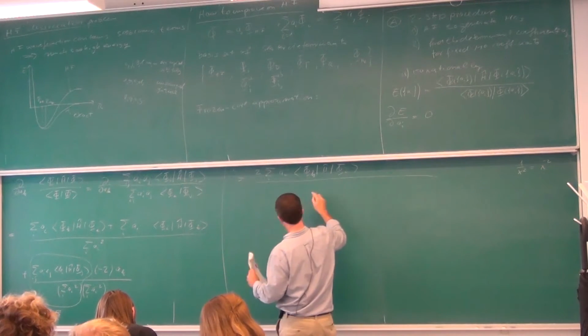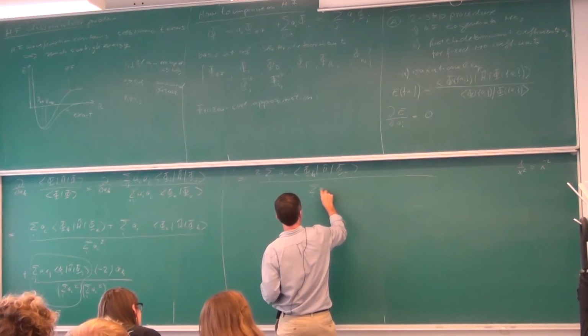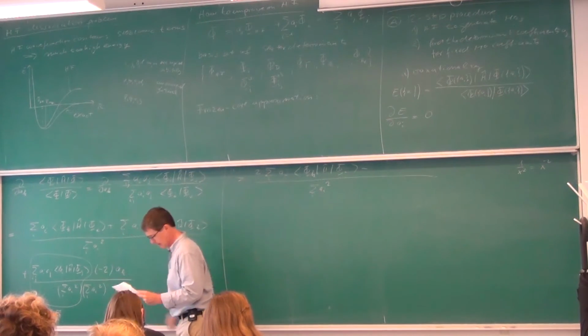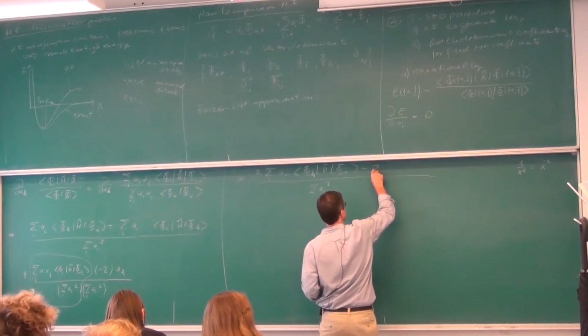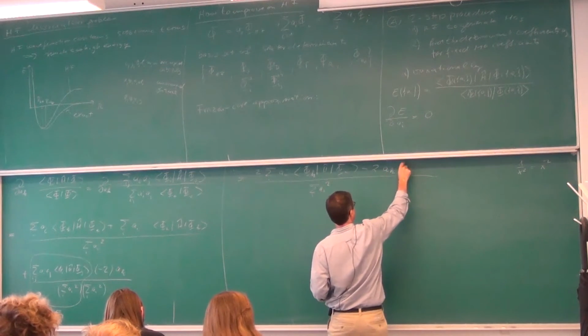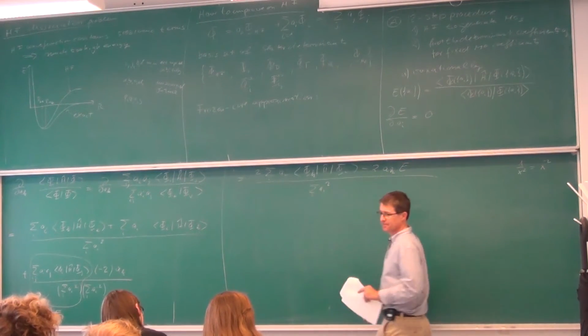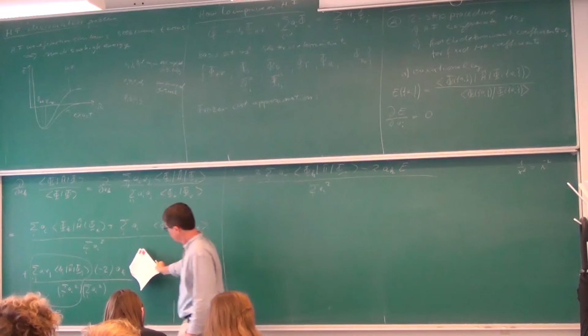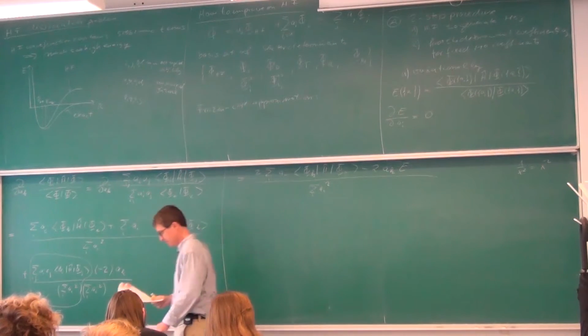Still divided by the sum over those, and then I get minus 2 times A_K times the energy. That's this part, that, and the energy.